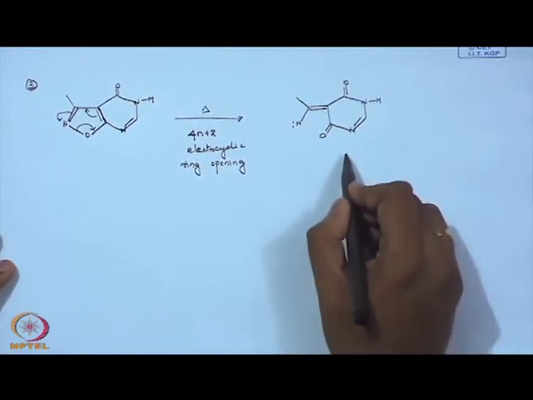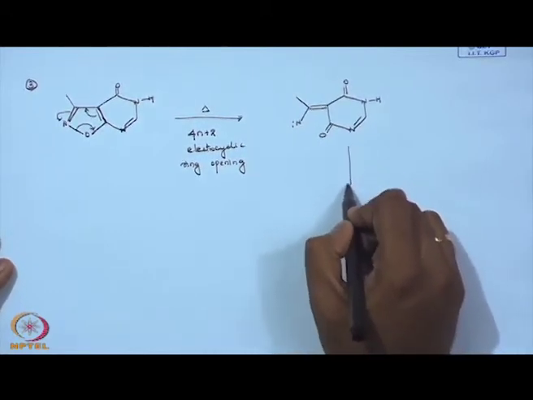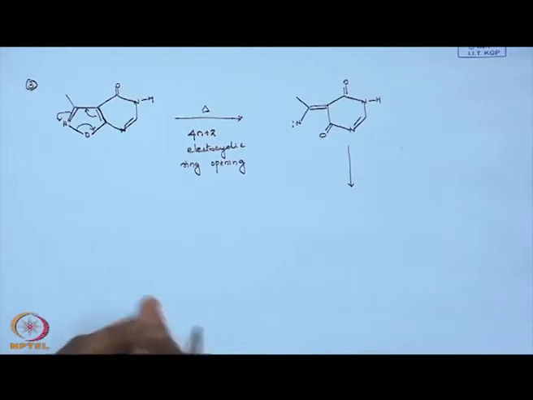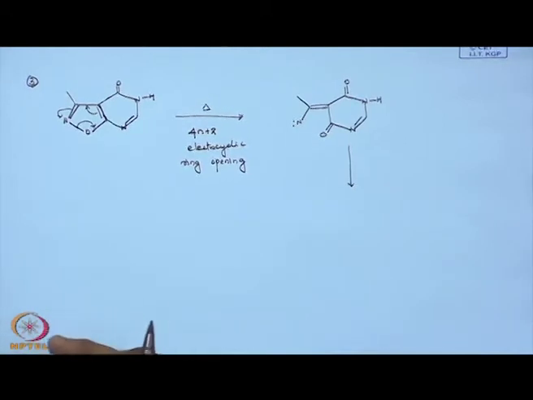Now, can you think about anything after this, any other pericyclic reaction that comes to your mind? Once I take this molecule and heat it, can you think about any other pericyclic reactions? A little bit tricky, but it's not that hard. You have studied that.